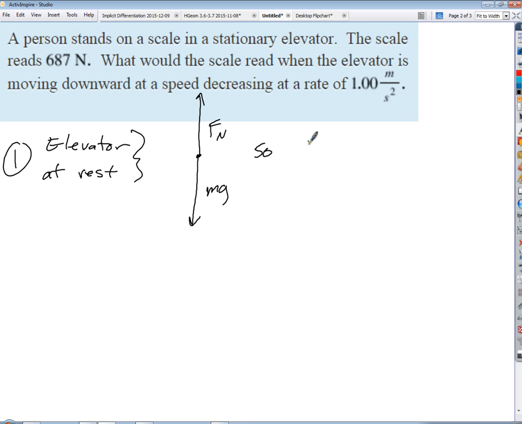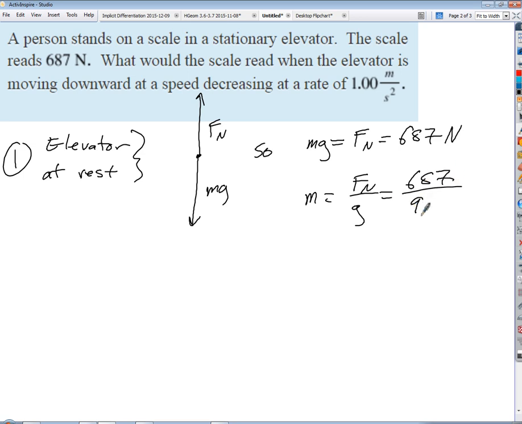So mg is equal to the normal force, which is 687, right? So therefore, m is equal to the normal force over g, 687 over 9.80, which is about what?